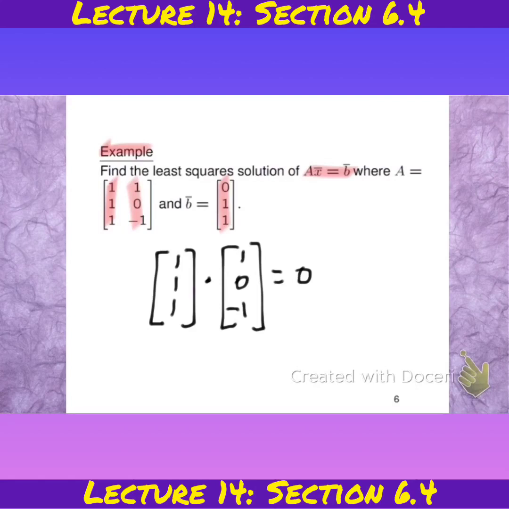So by the previous theorem, these two vectors are linearly independent.